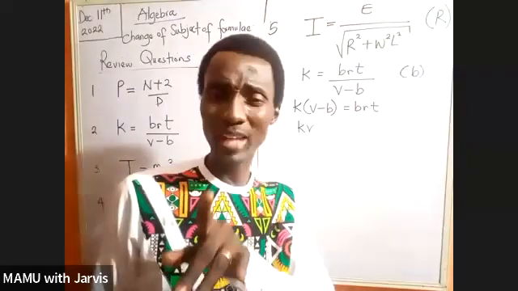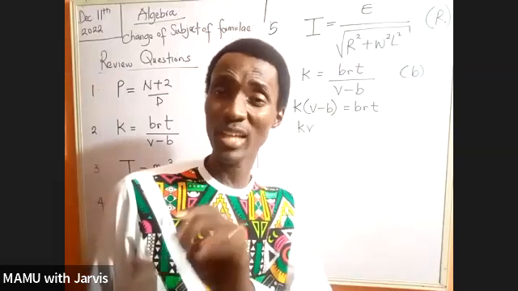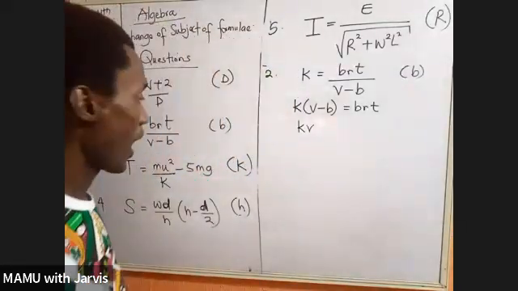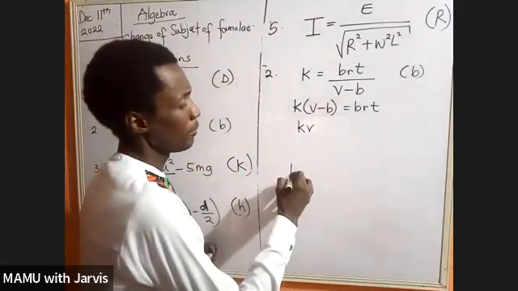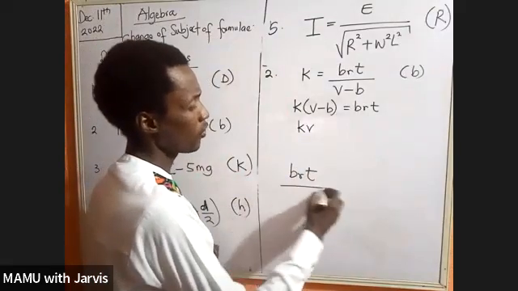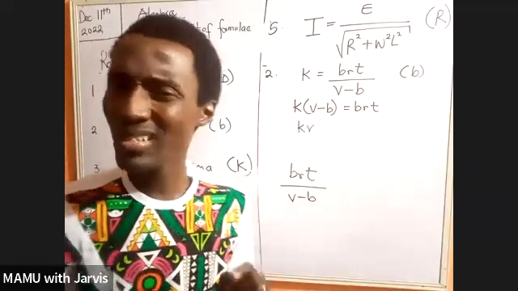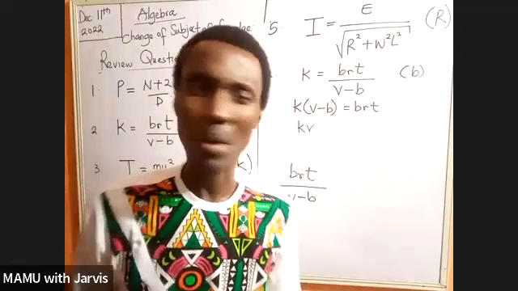Very good. Now you have raised a very important issue that a lot of students seem to make mistakes at. Now look at this. BRT over V minus B. The only way you cross out is if it is a factor.